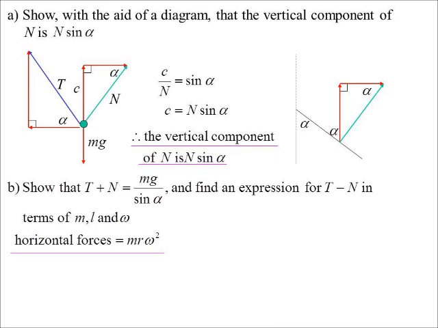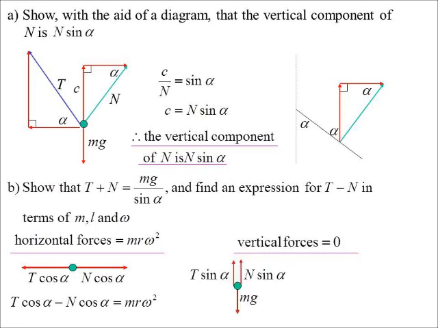So horizontally there's a component of tension going to the left, but there's also a component of the normal force going to the right. And both of them are cosine because they're both adjacent horizontally. They will sum together. Now, how do I know which one to make positive? Remember, the resultant force for circular motion is always directed towards the centre. So that would be to the left in our diagram. So that will be the positive direction.